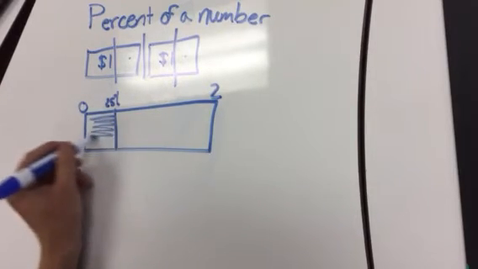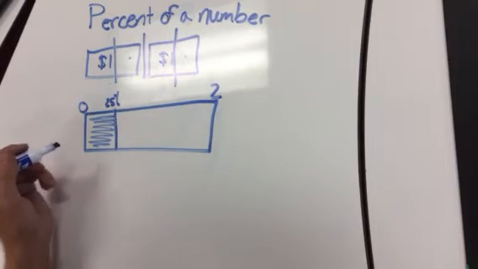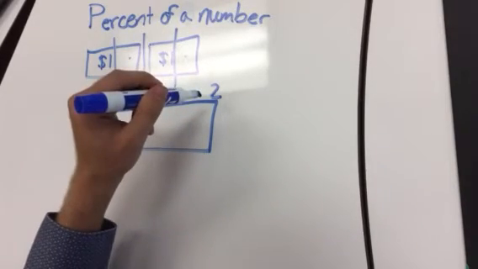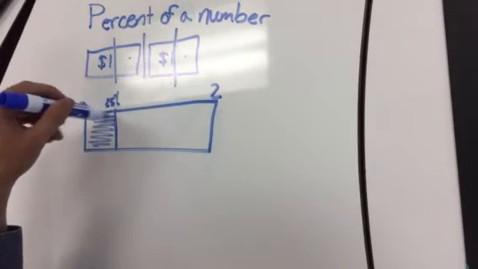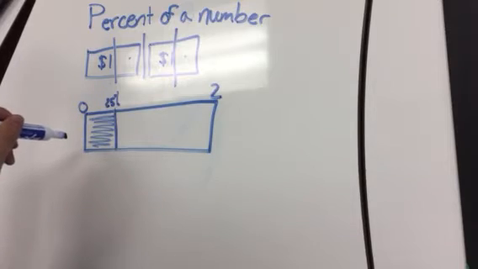As you can see, that's only just a little bit of 2. So our answer should be smaller than 2 because 2 is our total, and we want only 25%, which is a small portion of it. So our answer should be less than 2.